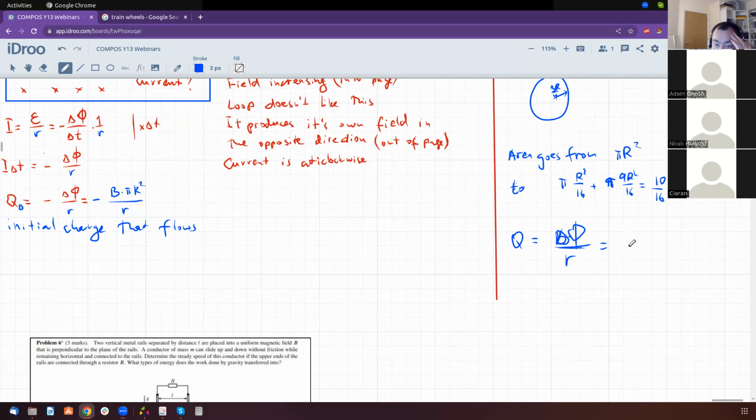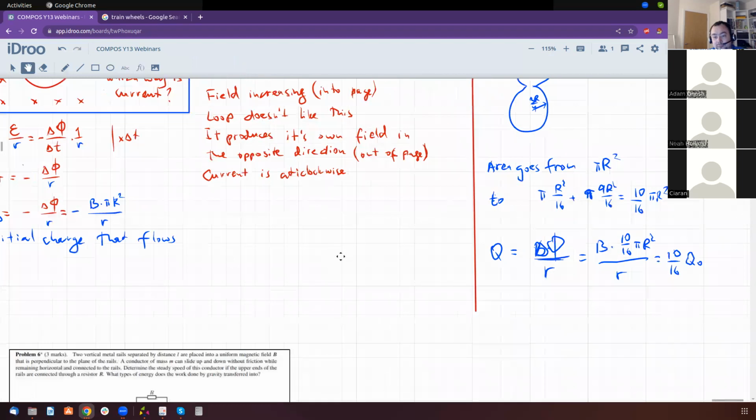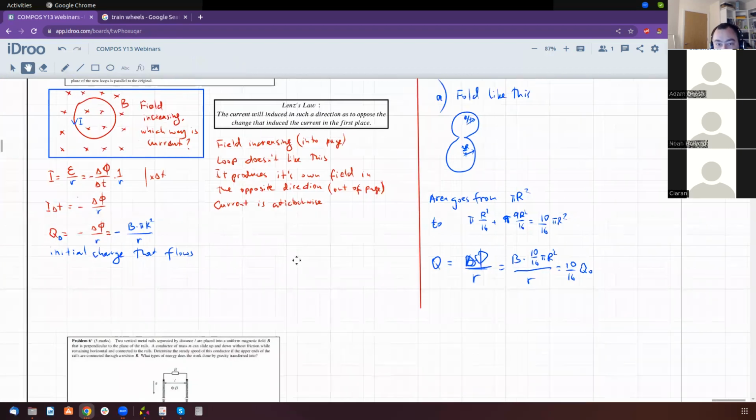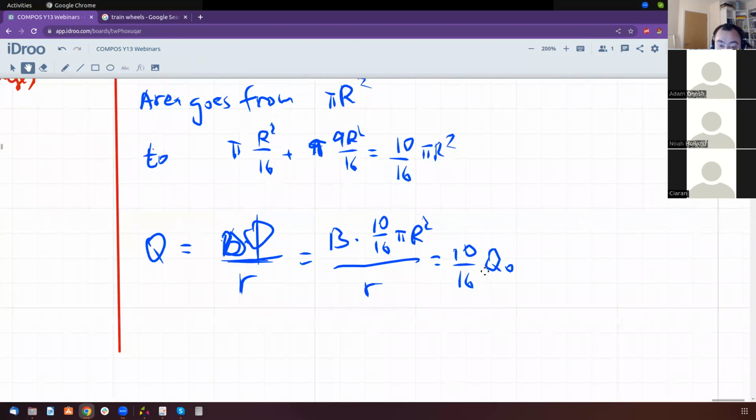Let's call this Q0, delta phi over R, so that's going to be B multiplied by 10/16 pi R squared over R, and that's equal to 10/16 Q0. Right. Oh, 10/16 is 5/8. 5/8 Q0.